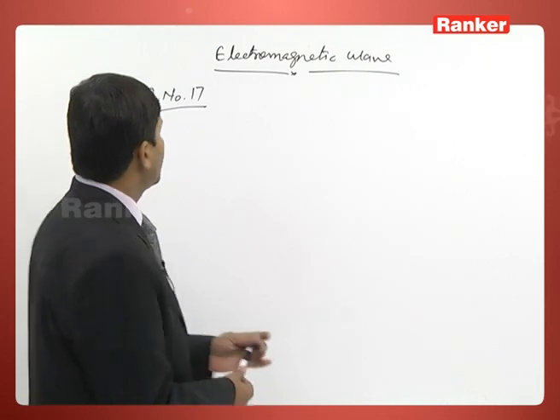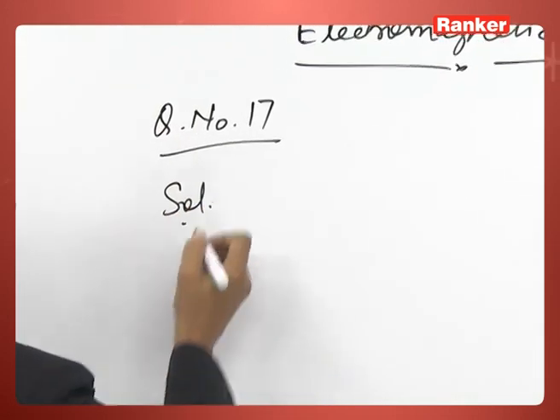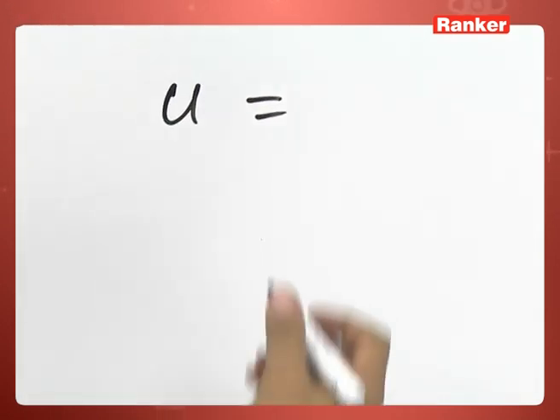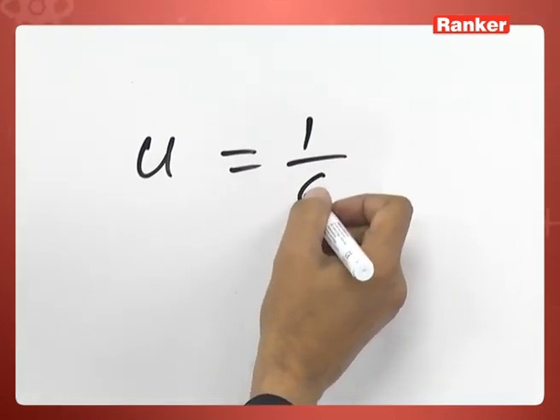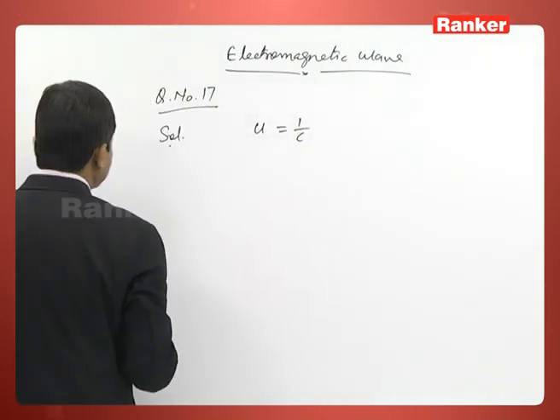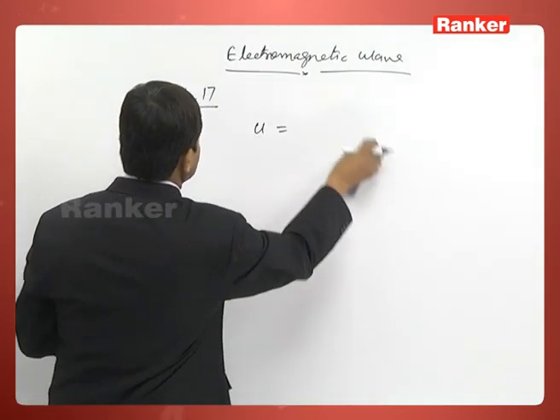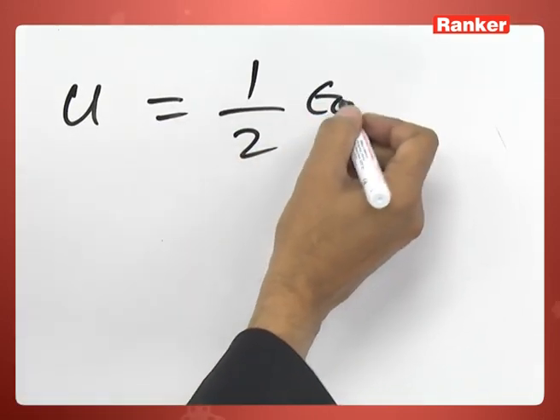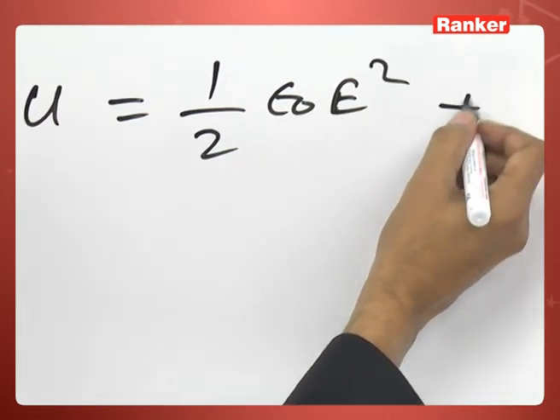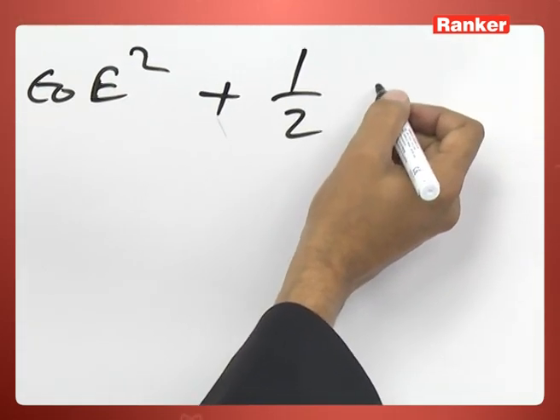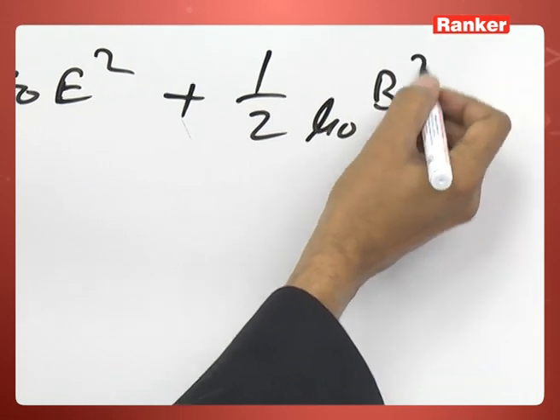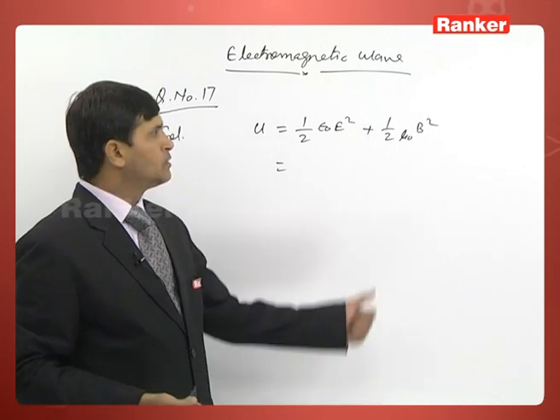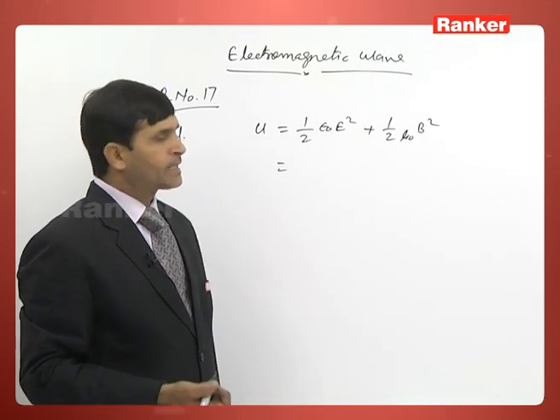As we know, energy density, energy per unit volume, is written as 1 by 2 epsilon naught E square plus 1 by 2 mu naught into B square. And the electric and magnetic field vectors are sinusoidal.